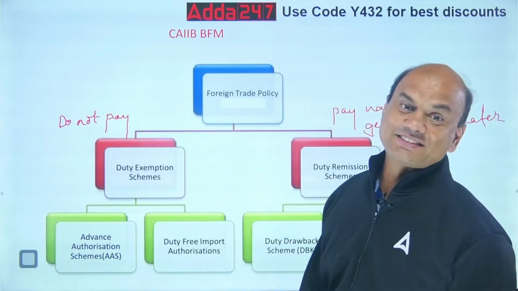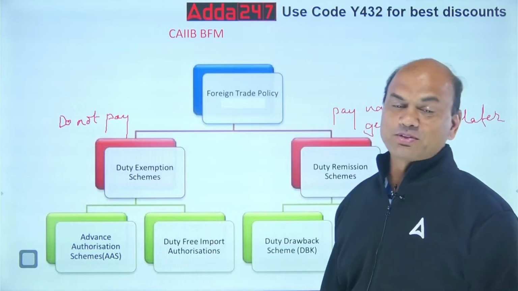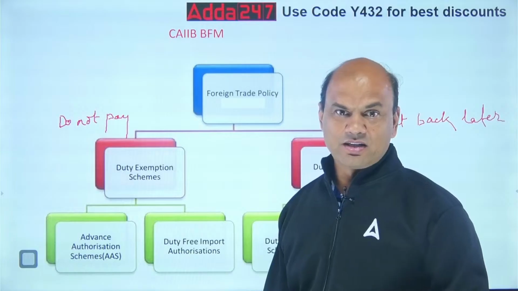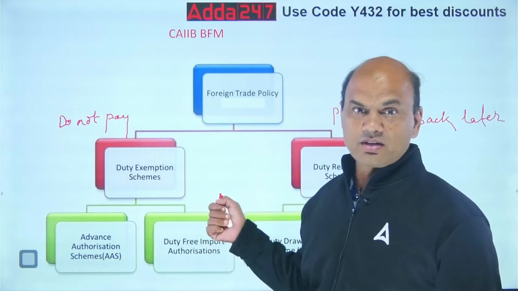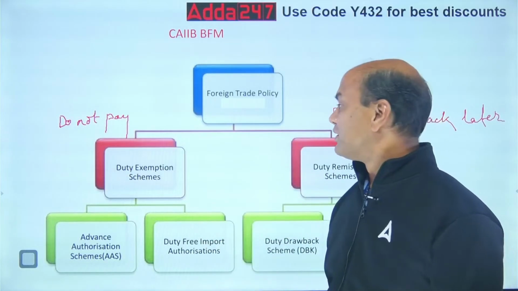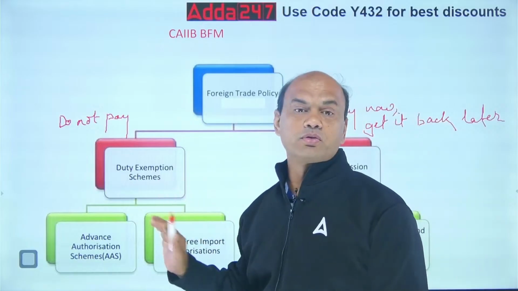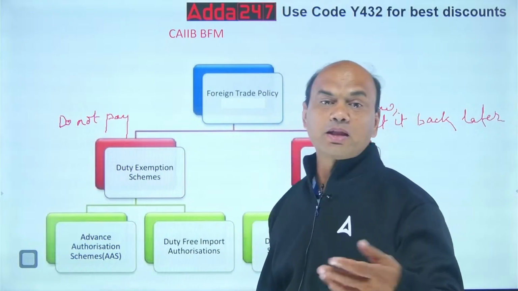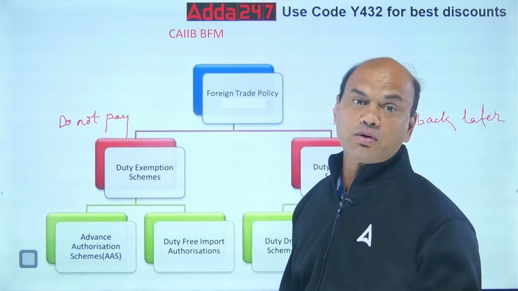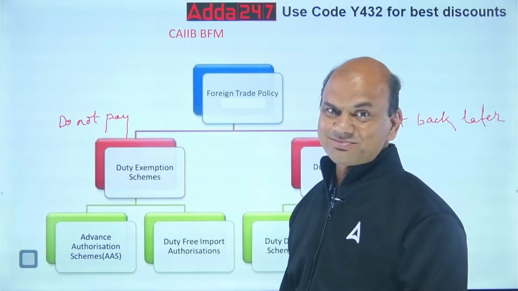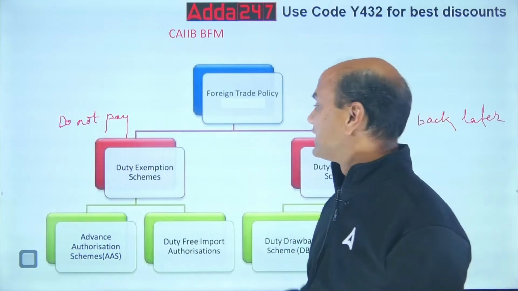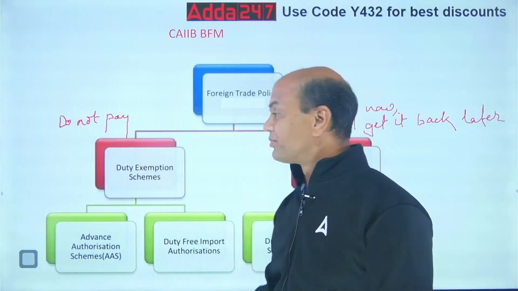BFM is one of the most difficult subjects in your CAIIB. So, exemption means do not give, do not pay. You are exempted from paying income tax if you have Form 15G, 15H, right? Exemption means do not pay.